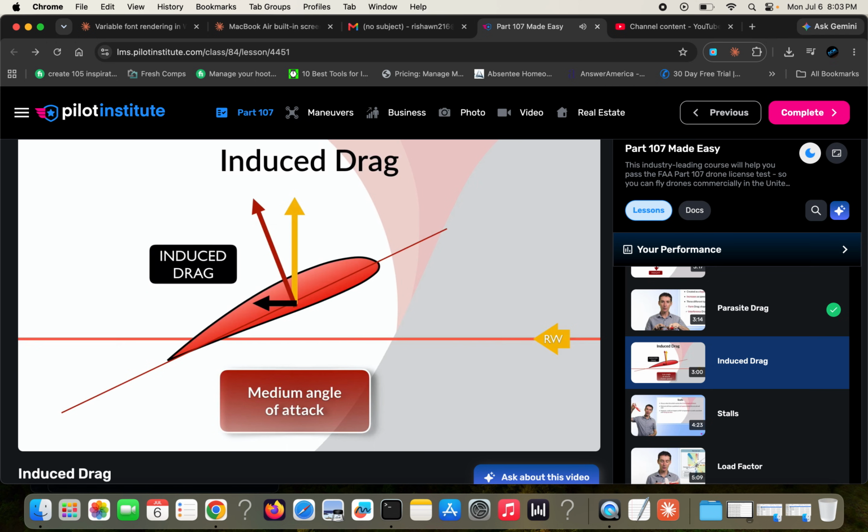And what happens is now you can really see that the induced drag is increasing even more. Now, a high angle of attack means a slower speed. So in this case, remember what I told you in the slide before? I said the slower we go, the more induced drag we have. Actually, what I said is the faster we go, the less induced drag we have, which is the same thing.